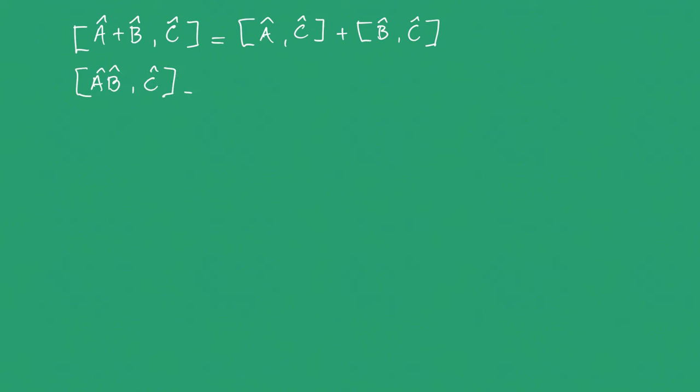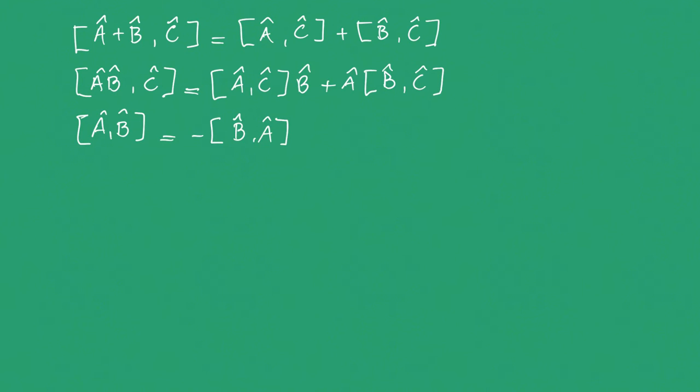Now I'll calculate the same commutator, but using only the component commutation relations. The commutator identities that will be used from now on in this example are these, where A hat, B hat, and C hat are operators.